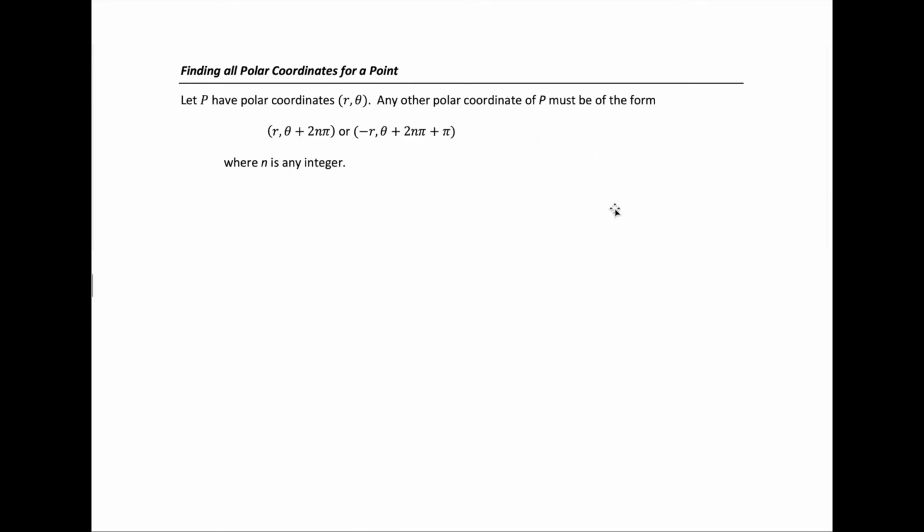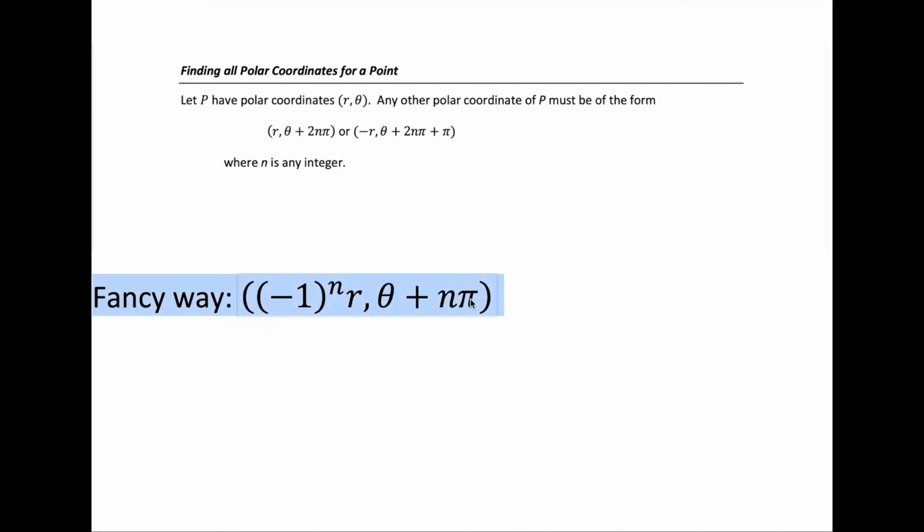Remember that will make us go in the opposite quadrant, so that the negative will push us into the correct quadrant. There is also a fancier way of doing this, which is with this right here. It's a little bit tricky to figure out, but basically this takes into account both sets of these. So we have -1 raised to the nth power.